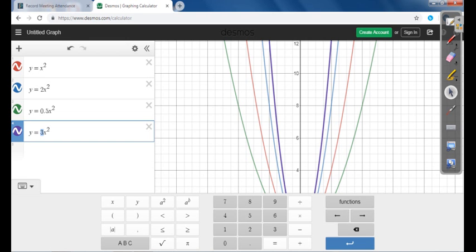Good. What do you think I have to do to the x squared for it to open down? So multiply it by a negative number. Let's see. So you think if I have y equals negative 2x squared?